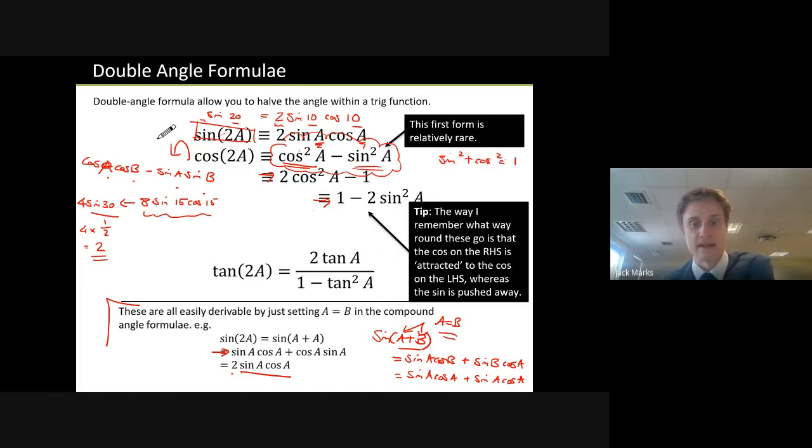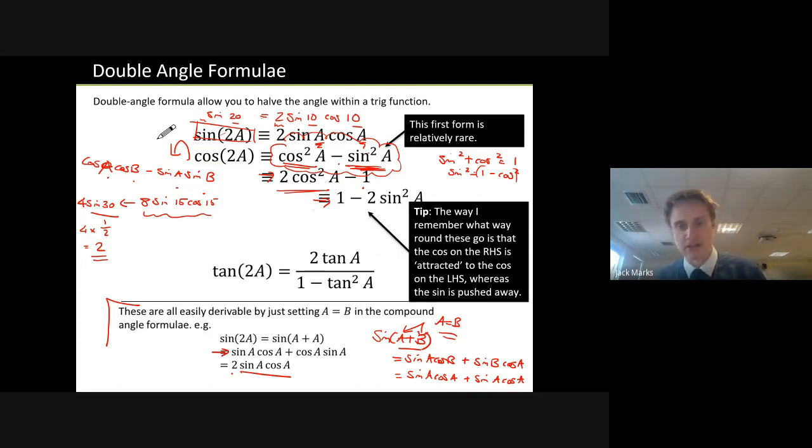So for example, if I substituted out the sine squared, remember sine squared is equal to 1 minus cos squared. So you would get cos squared minus 1 minus cos squared. And you end up with a double negative on cos squared, which gives you 2 cos squared, and you end up with the minus 1.